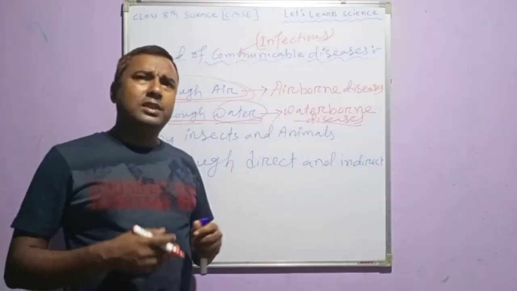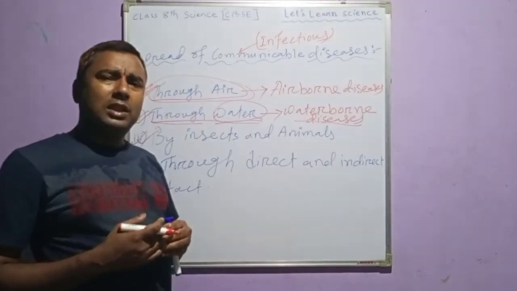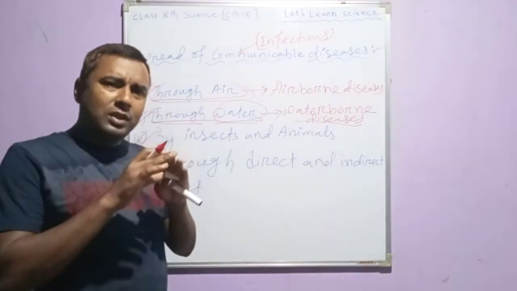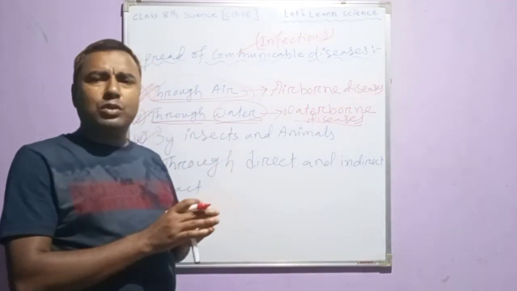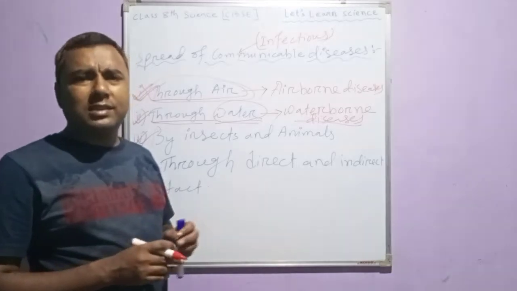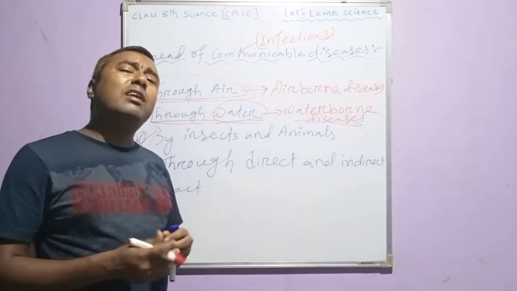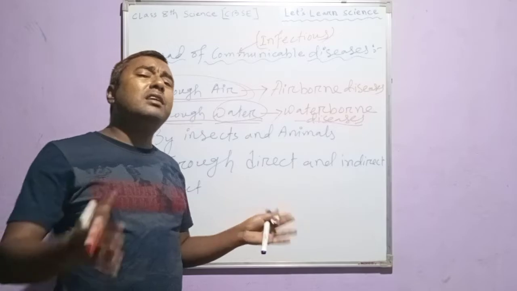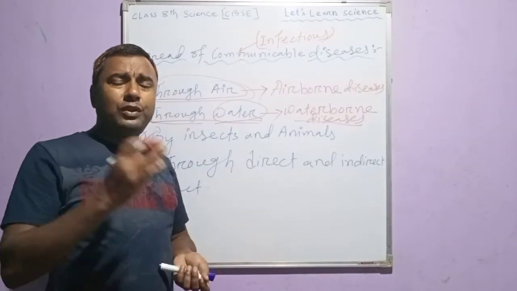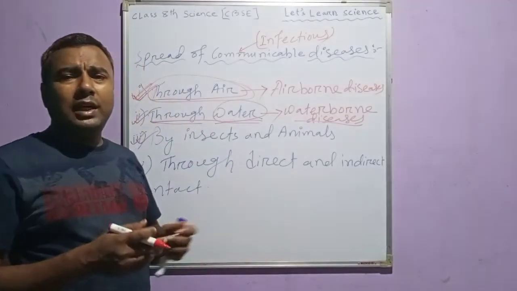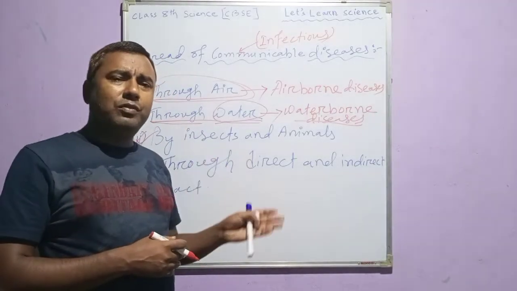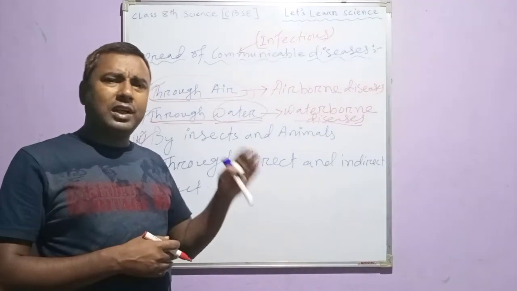What happens? Actually, in insects and animals there are some microorganisms in their body also, but those are not regarded as germs. But sometimes they become carriers of germs. They carry the germs. Take the example of mosquitoes, flies and different types of insects.